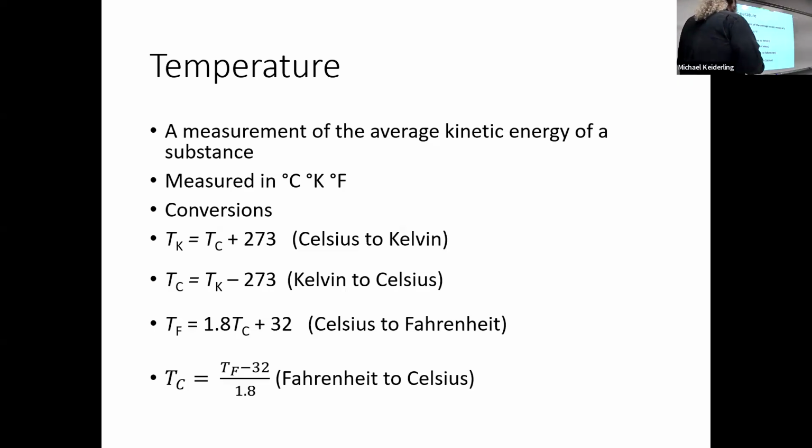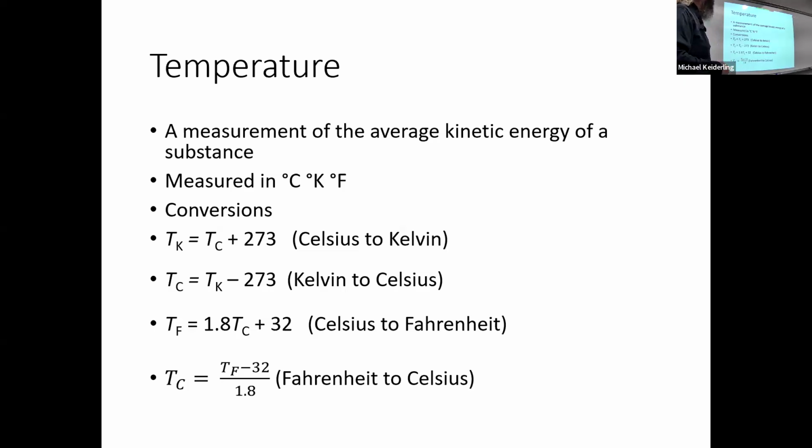And to convert from Kelvin to Celsius, you subtract 273, moving the zero from absolute zero up to the freezing point of water, because water freezes at 273 Kelvin, which is 0 degrees Celsius.